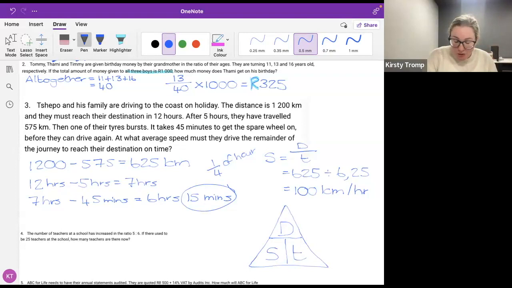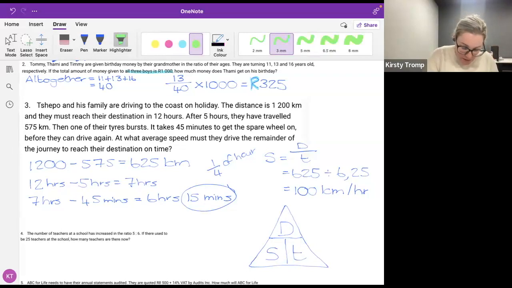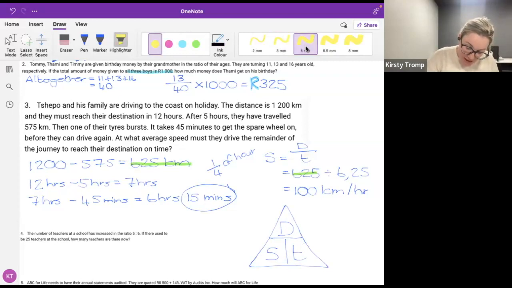My distance was 625. I got it from my calculation over here. My time, remember, was 6 hours and 15 minutes. But when you put that in your calculator, you can't say 6,15, because 15 minutes is the same thing as a quarter of an hour. So a quarter in decimal means it's 6,25.